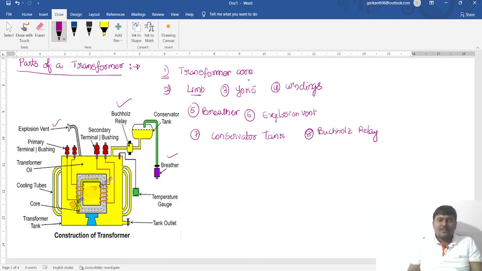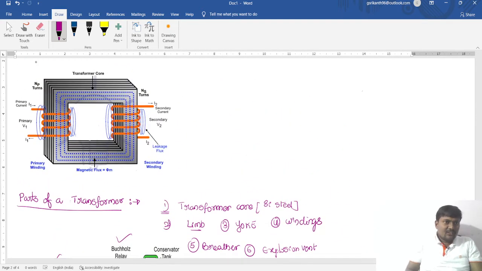See, the transformer core is made up of silicon steel in order to reduce hysteresis losses. High grade silicon steel is used and also laminations are provided. See, if you observe, these are called the laminations.